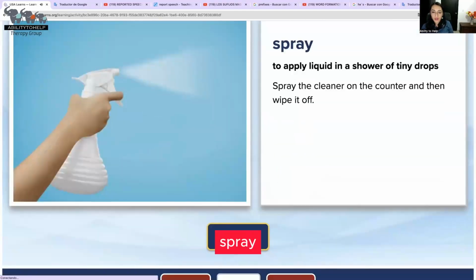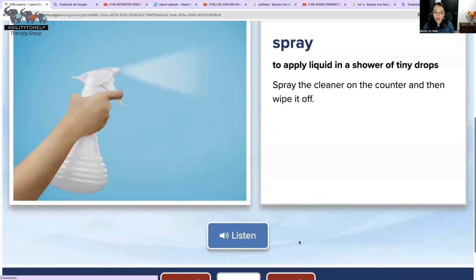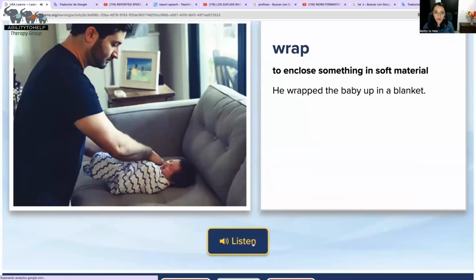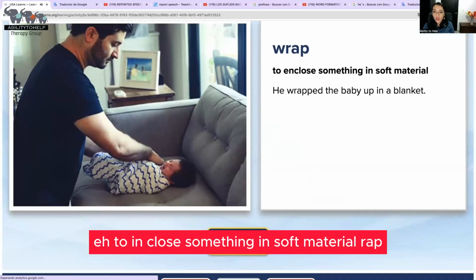Spray, to apply liquid in a shower of tiny drops. Spray the cleaner on the counter and then wipe it off. Wrap, to enclose something in soft material.